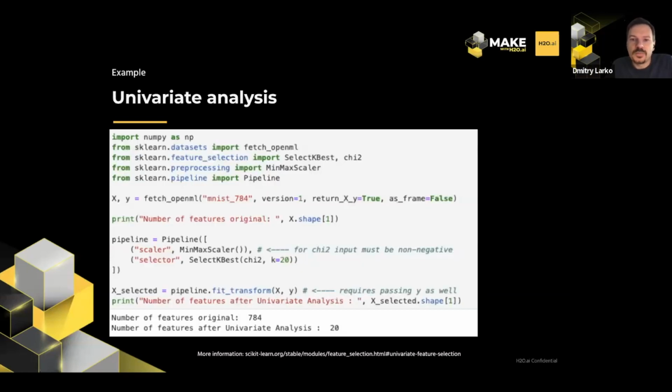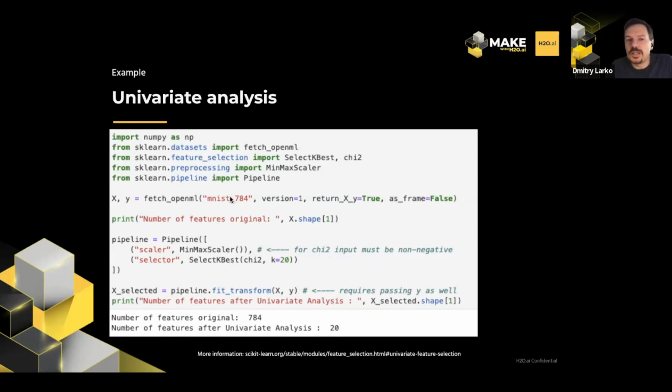So that's one of the examples of how it can be used. And there are plenty of different examples in the scikit-learn library. So what you can do in this particular case, we just download the dataset. We scale the dataset because for the statistic I'm going to use, which is chi-square, I need non-negative values.